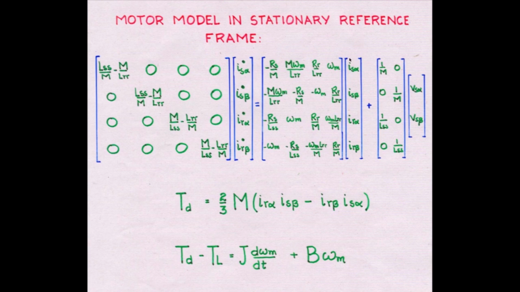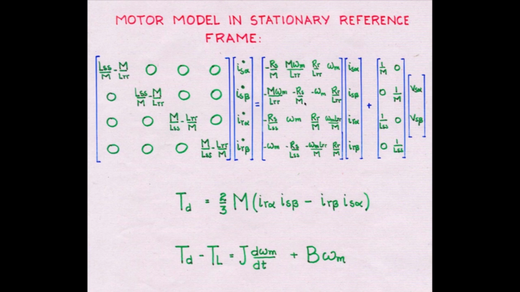The state variables that have been used here are IS alpha, IS beta, the stator alpha phase current and stator beta phase current in the alpha beta two axis frame. IR alpha, IR beta are the rotor alpha axis and rotor beta axis currents in the alpha beta frame. So this side you have the differentials of IS alpha, IS beta, IR alpha, IR beta.